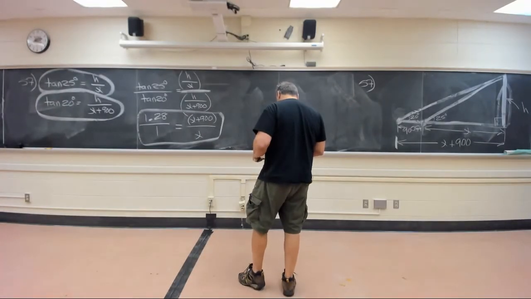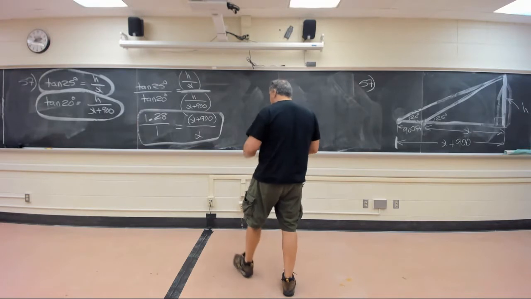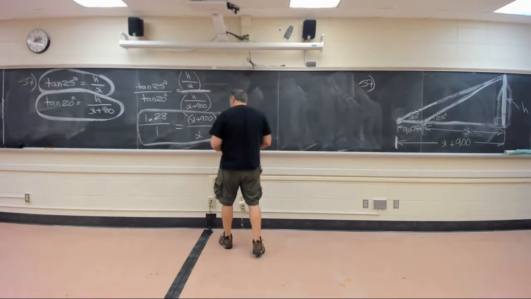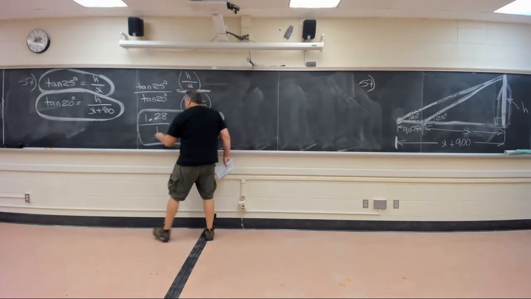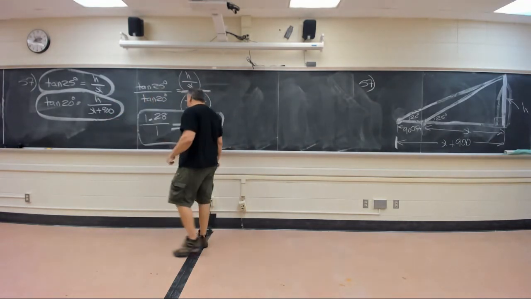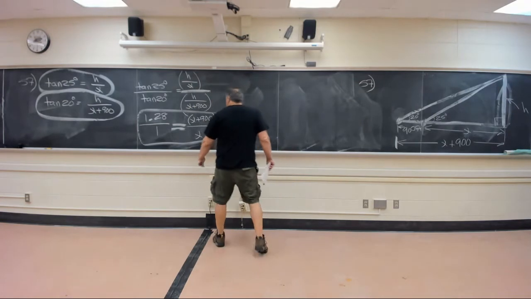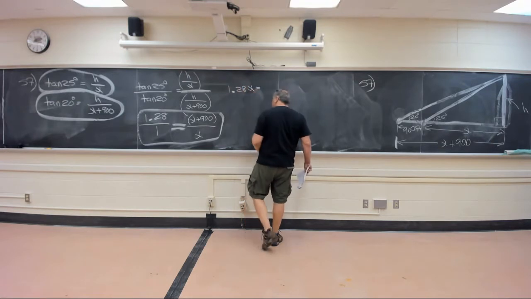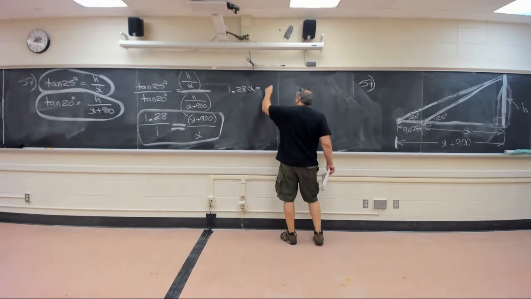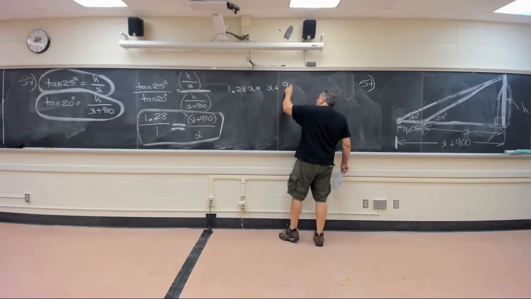So, let's talk. Let's just do some math and figure it out and see where we can go. We are going to come back to either one of these and get the answer, and we should be fine. Let's multiply by x on each side. X plus 900.